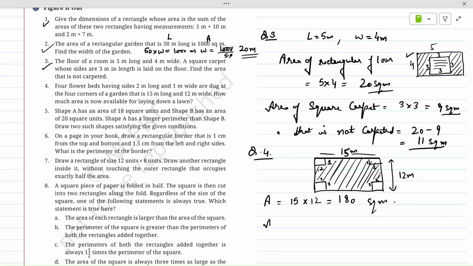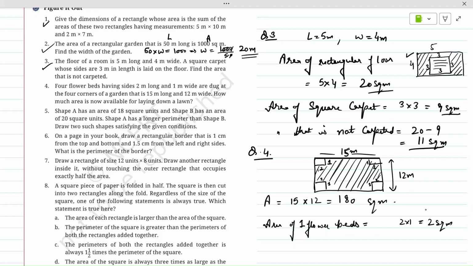And then area of the flower beds is equal to, of one flower bed, it will be product of these two, 2 into 1, which is equal to 2 square meter, but we have four such flower beds.